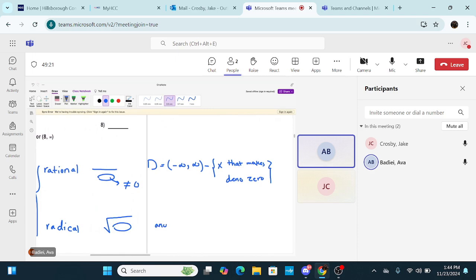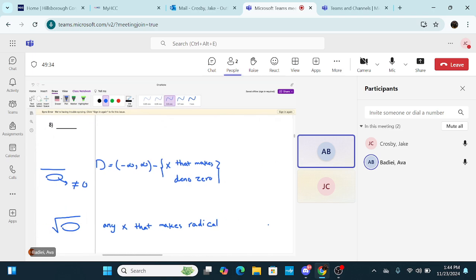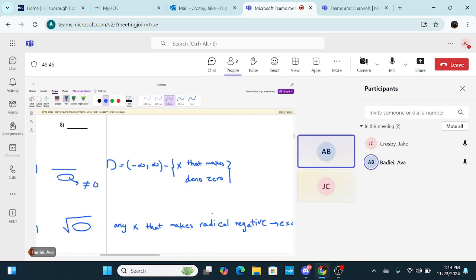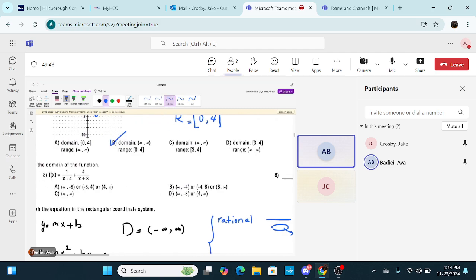So any x that makes your radical negative must be excluded. These are the two things that you will probably see with these problems. Now, the one that we have here is a fraction, so it's a rational function. For a rational function, we can't have x that makes the denominator 0.